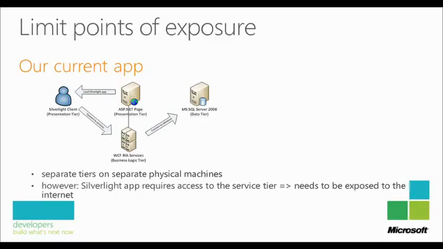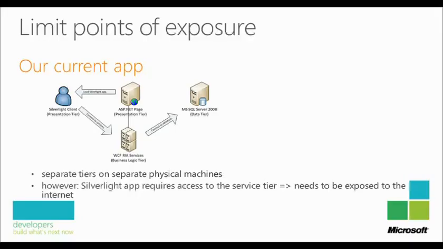So if someone breaks into the web host, not a problem for our database. Then again, we're using WCF RIA services, or a service-oriented approach, and our app is hosted somewhere on the net. So those services should be exposed to the internet as well. Which means once someone breaks into the service host, which is also actually just a web application in this case, they still have access to our database.